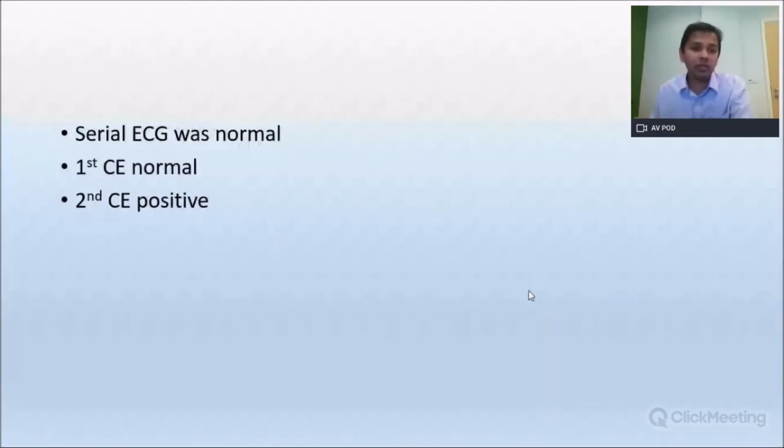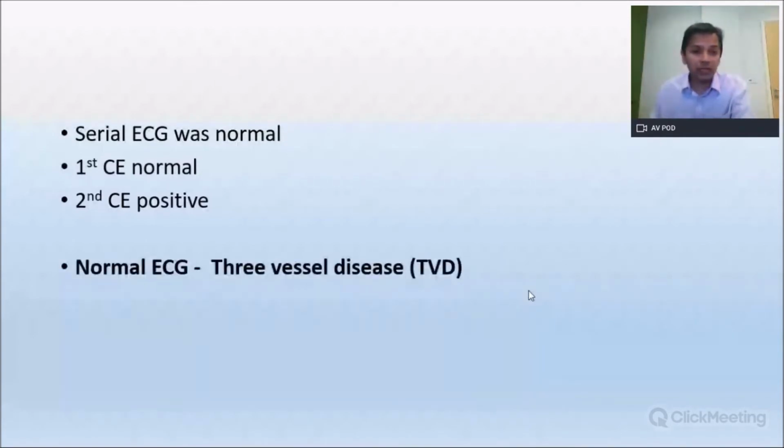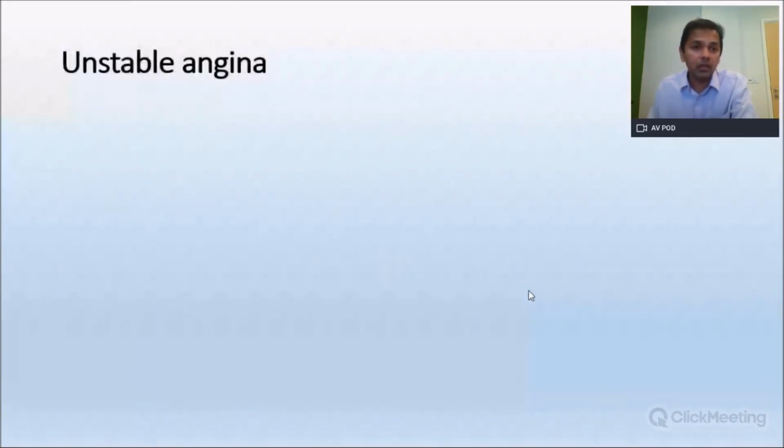So ideally, a patient who has chest pain should be admitted and have serial ECGs and cardiac enzymes. Another thing I'd like to highlight is that this patient had a normal ECG but ended up having 3 blockages. So it's important to know that a normal ECG does not exclude coronary artery disease. A patient can have 3 vessel disease, yet a normal ECG.